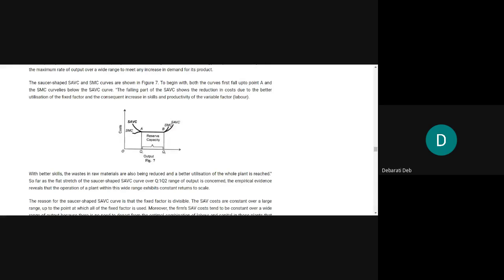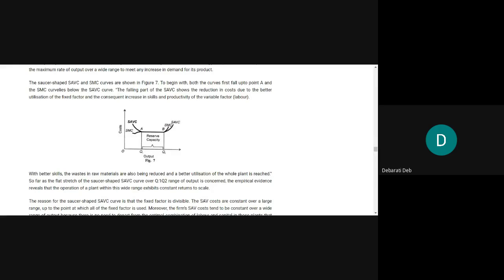It will occur due to the better utilization of the fixed factor and the consequent increase in skills and productivity of the variable factor. Because for this time period up to A, everyone will have time to increase their skills and productivity related to the variable factor, that is labor.